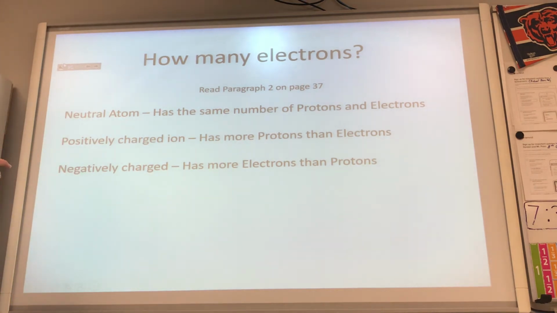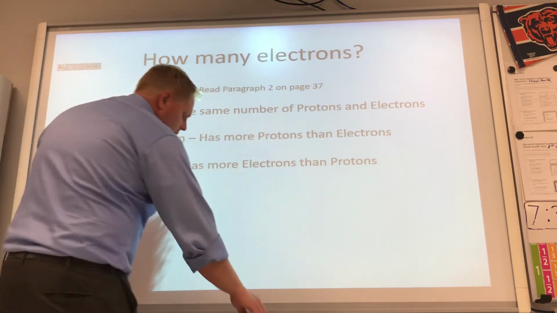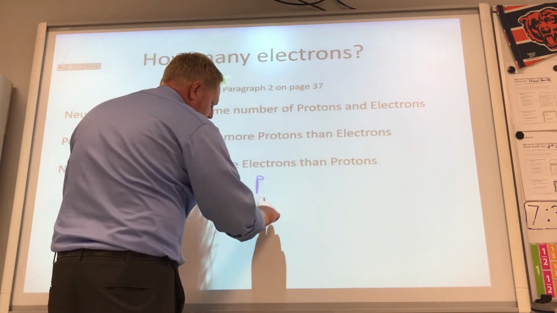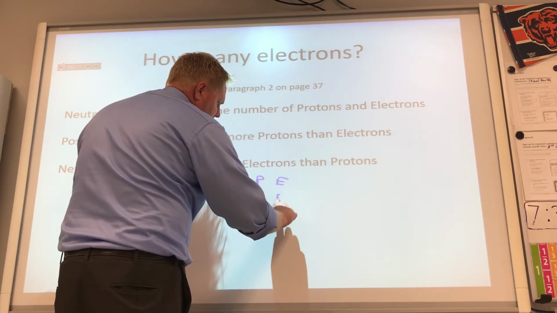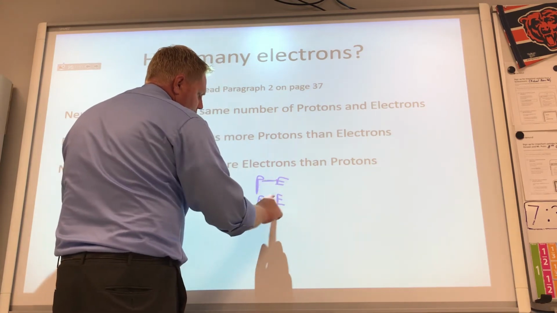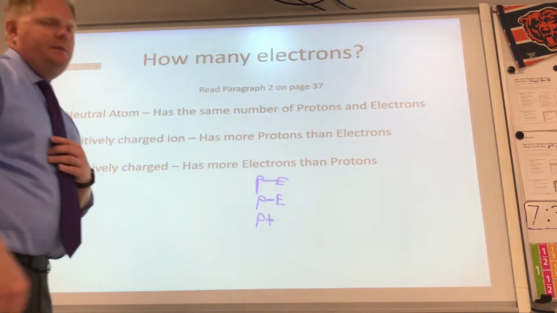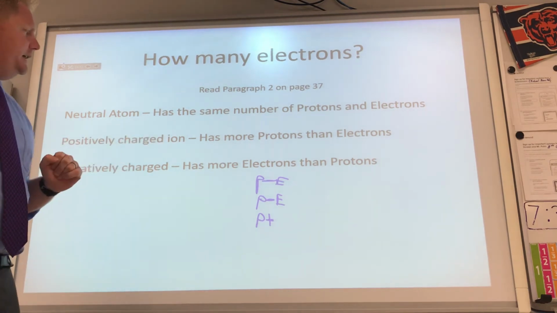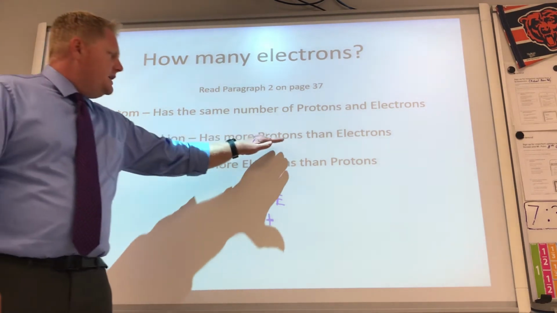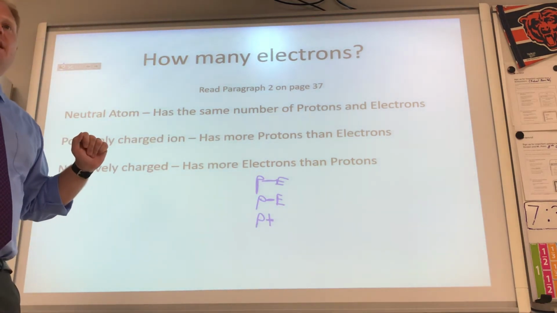But now, if we have one more proton than electron, so let's think about that. We got P and P and P. When we only have 1, 2 electrons. These make neutral. These make neutral. There's one left. Well, protons are positive. So that would be a positively charged ion. If there's more protons, it's a positively charged ion.